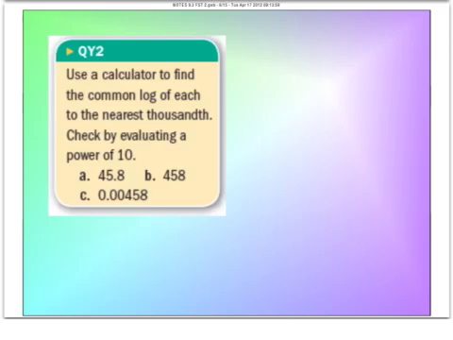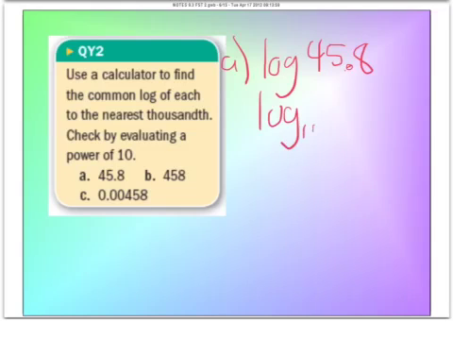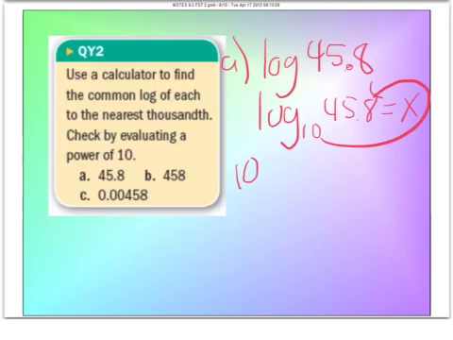So let's do this. Part A, you would write it as log of 45.8. Now again, we don't typically write the 10 in there, but if you wanted to see it, it's log base 10 of 45.8 equals something. If you rewrite this as an exponent, what you're going to get is 10 to some power equals 45.8.